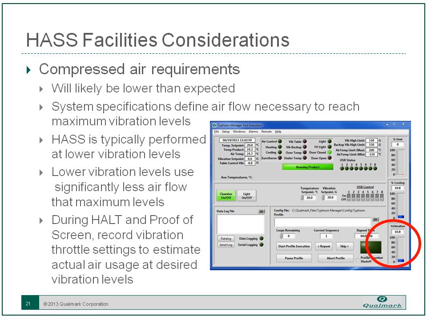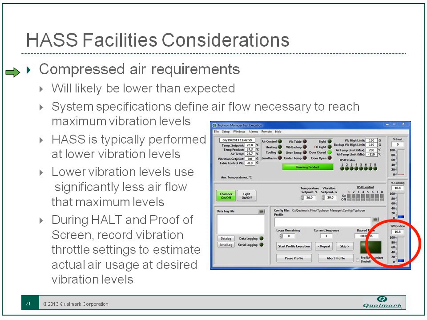We'll talk a little bit about the compressed air requirements, just because if you read the manual and see the compressed air requirements for one of our systems, you're seeing the requirements that are necessary to hit the maximum vibration levels. If you're doing HASS, you're typically running at much lower vibration levels. And the consumption of air is not linear with vibration levels.